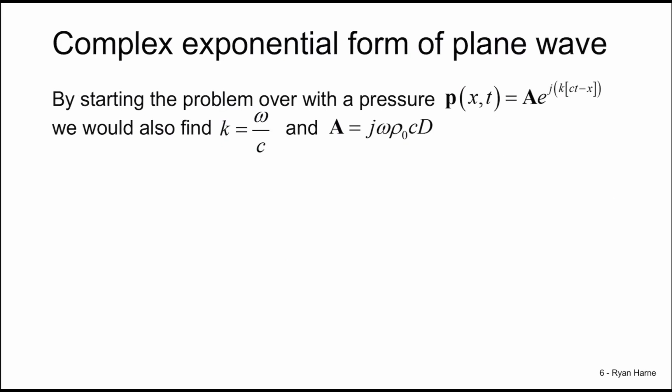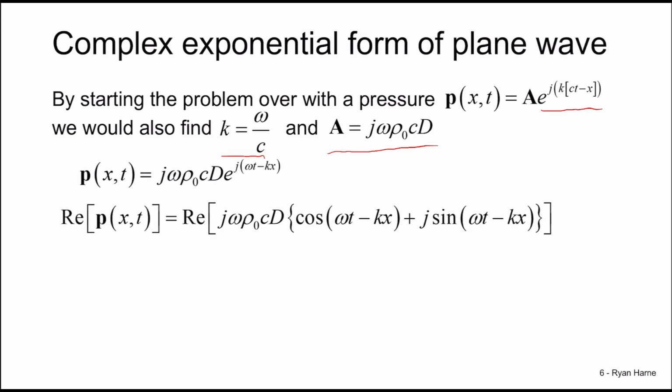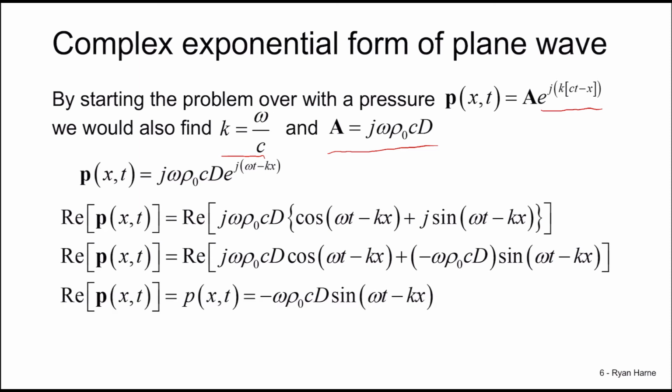If we start this problem over and now use the complex exponential function e to the j of k times (ct minus x), we find the same results. The wave number is still ω on c, and the amplitude is now complex, which has value j multiplied by ωρ0c and capital D. If we substitute all these things back in, solve for the real part, after lengthy simplifications, what we find is that the acoustic pressure P as a function of x and t is minus ωρ0cD multiplied by sine(ωt minus kx).